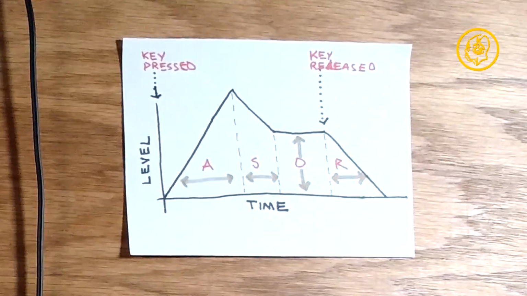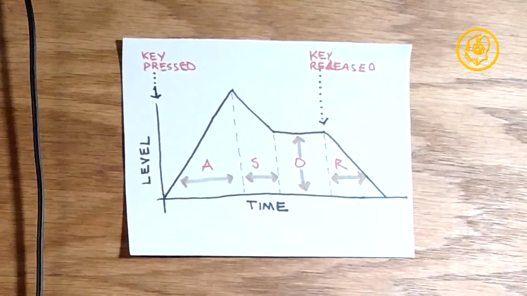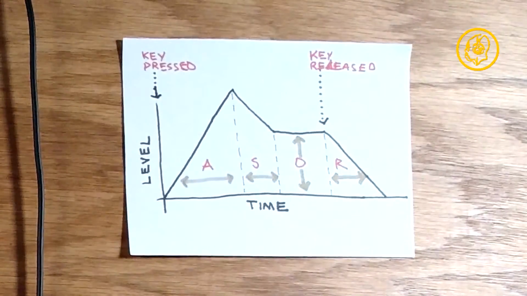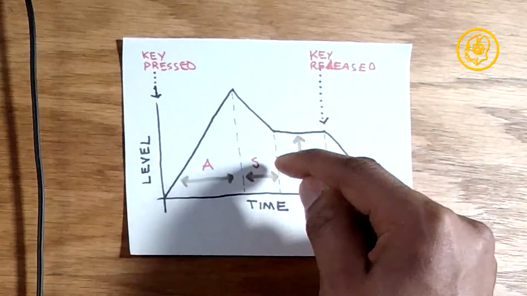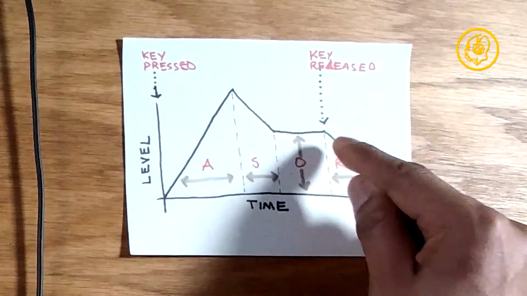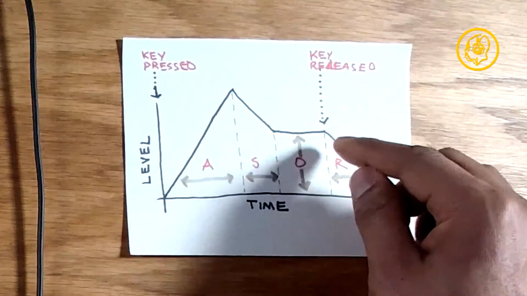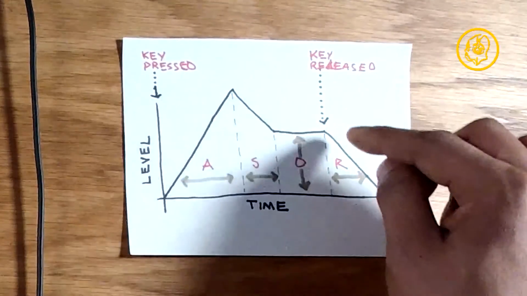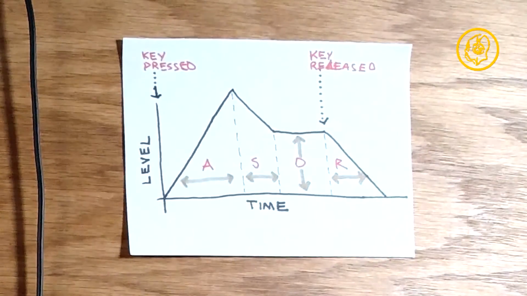Anybody? Somebody let me know what we're working with. Somebody tell me what the decay is, or we'll have to stay here. The decay is the amount of time it takes for the envelope to decrease to the specific sustain level. And then, once you let up off your sound, is the release, right?